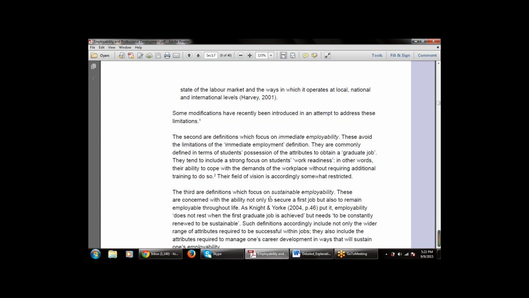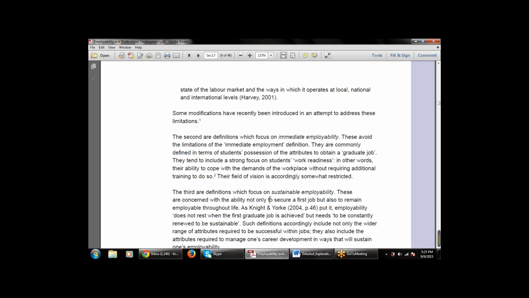As Knight and York put it, employability does not rest when the first graduate job is achieved, but needs to be constantly renewed to be sustainable. Such a definition accordingly includes not only the wider range of attributes required to be successful within the jobs, but also the attributes required to manage one's career development in ways that sustain one's employability.